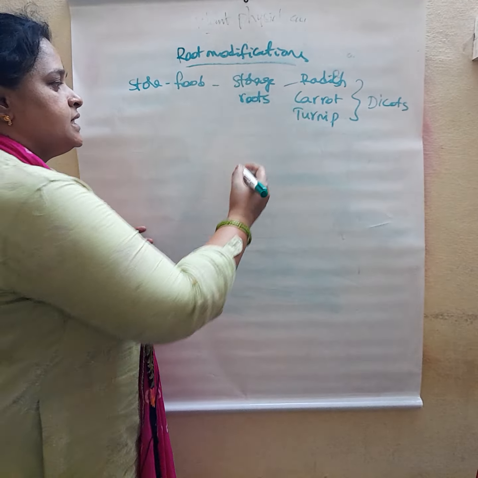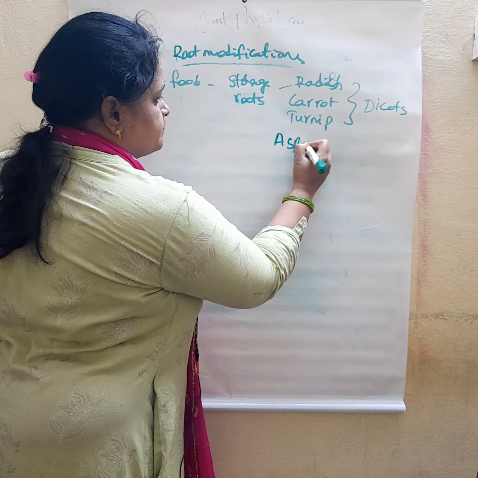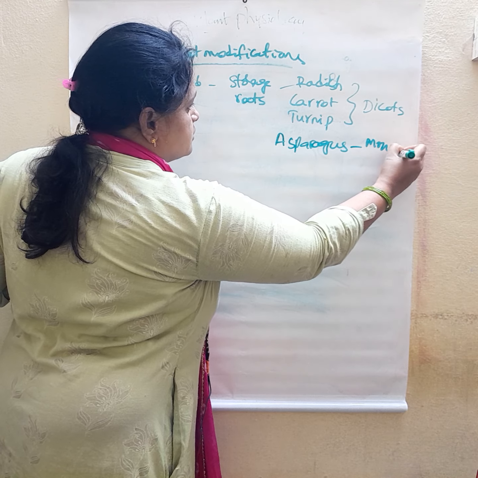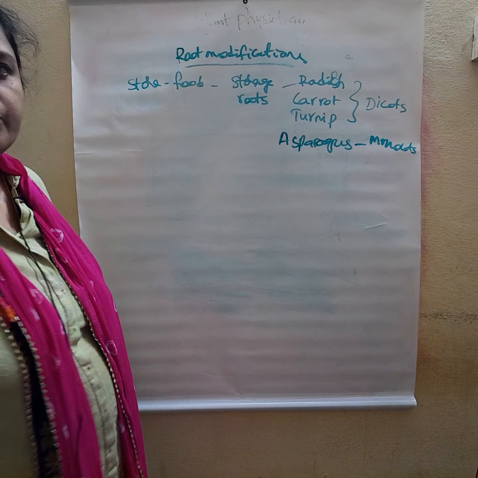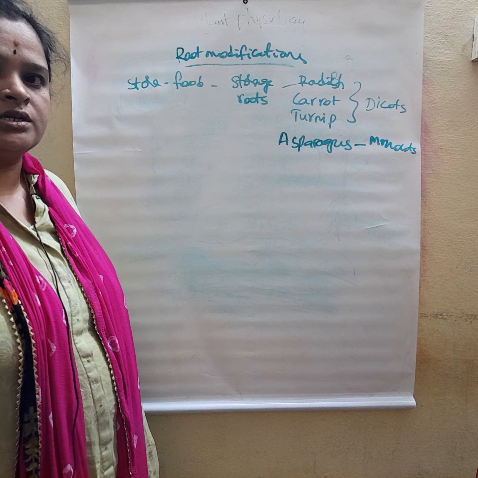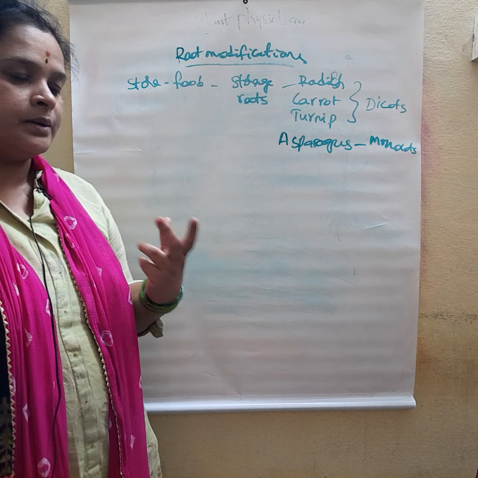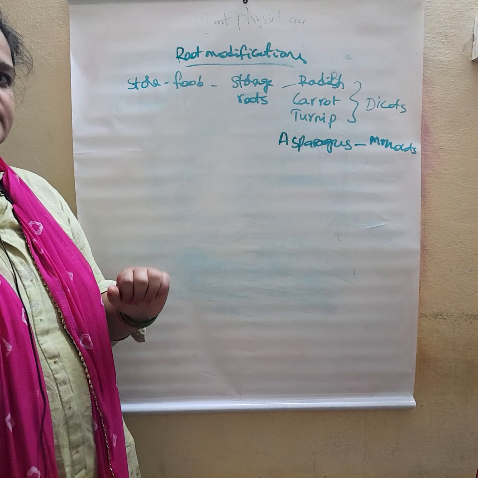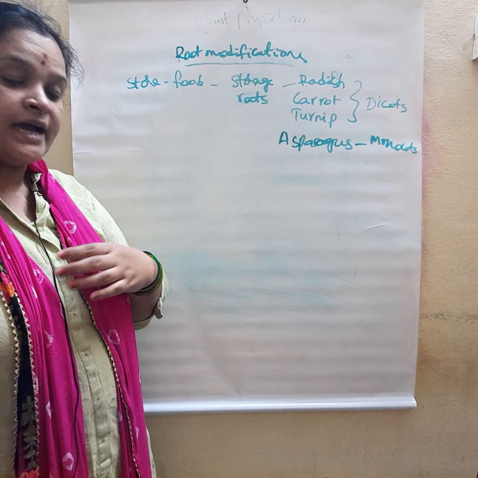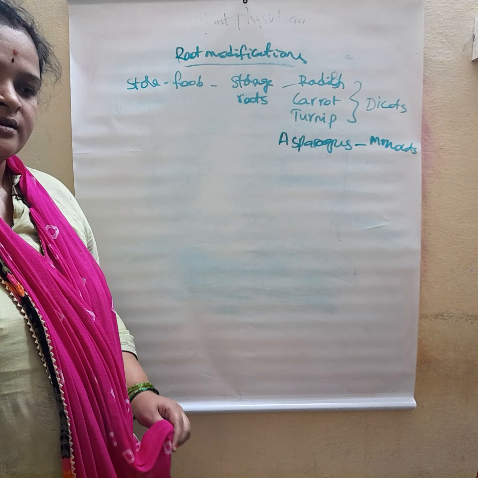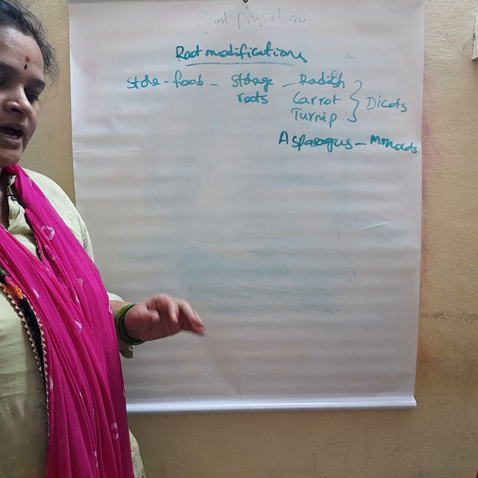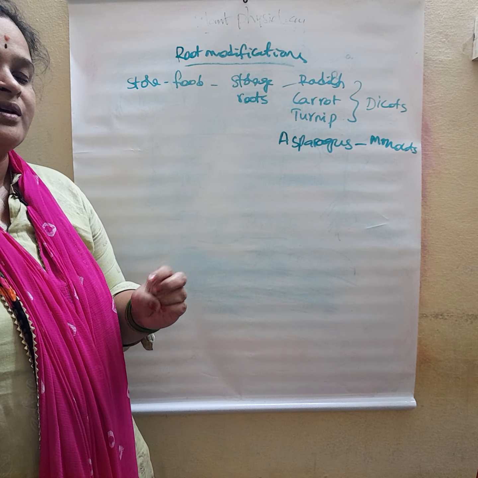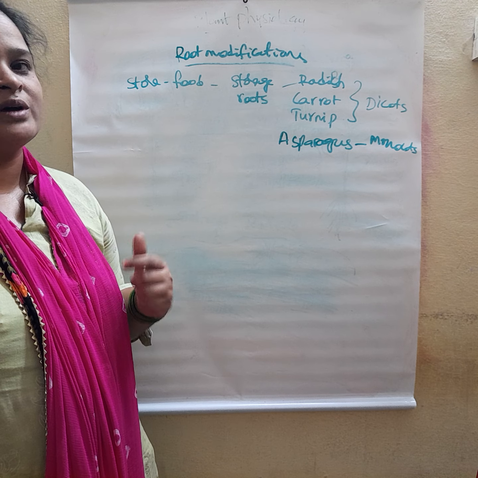But in some monocots like asparagus, which is a monocot, is also storing food material, that is also a storage root. To remember this number of examples, you have to make tricky sentences. Actually I used to remember like this. When I was studying, I used to remember the scientist names by giving nicknames to my friends.